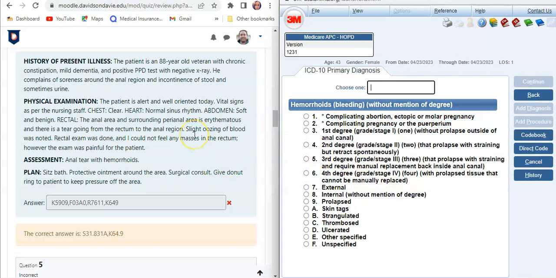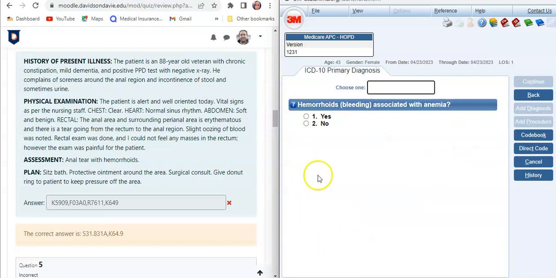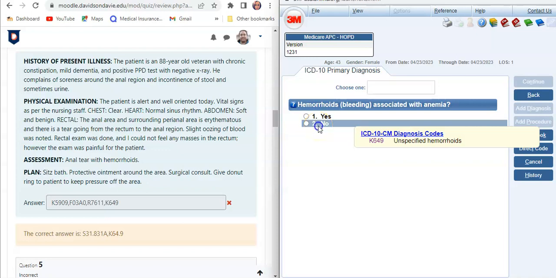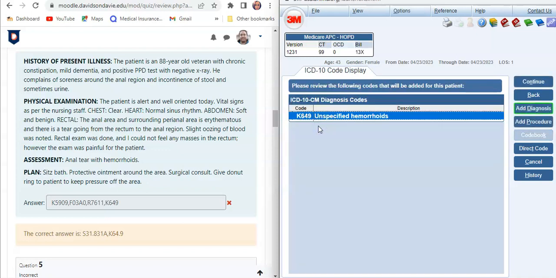I mean, it does say slight, okay, but that wasn't related to the hemorrhoids. We are going to go with unspecified. Anemia, no anemia. So it's pretty simple. K64.9.